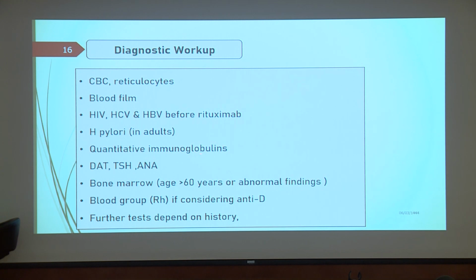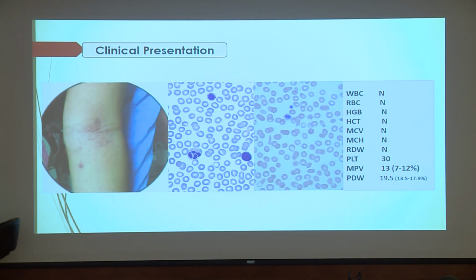Quantitative immunoglobulins for IgM, IgG, IgA, and an autoimmune workup also has to be done. Bone marrow, especially if the patient is more than 60 years old, or has abnormal findings, or before splenectomy. Blood group and Rh, if considering anti-D, which is an old therapeutic approach, and further tests according to the situation.